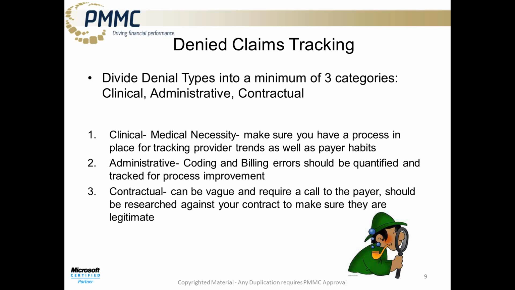Don't believe it. Call the payer. Find out what they're doing, especially if you see a trend with a specific type of service. Call the payer. Get them to say out loud why they're specifically denying the claim. Then check your contract. Argue those successfully, and you should get a good return on the time spent working those.